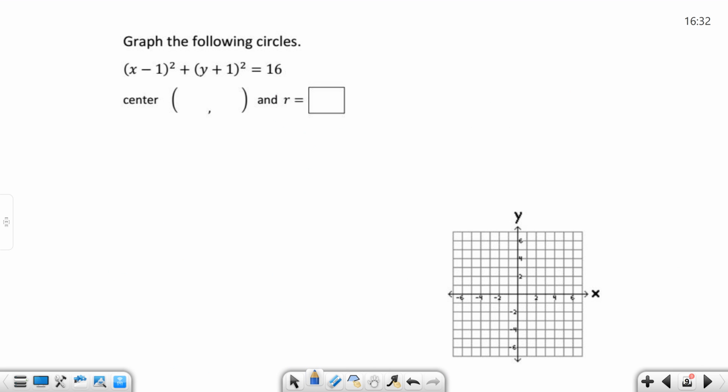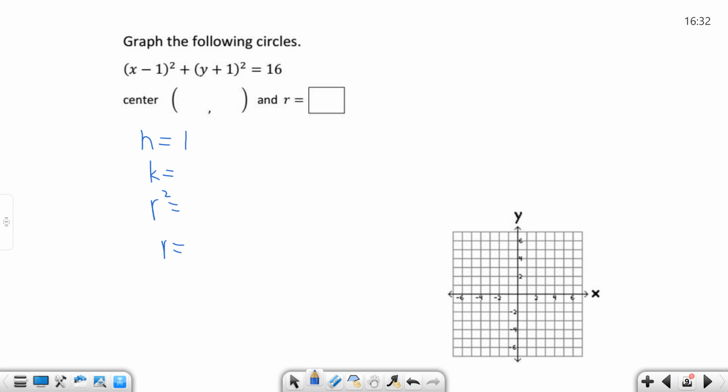So let's graph some circles. This will be fun. So X minus 1 squared plus Y plus 1 squared equals 16. So I need H, K, and R again. So H, K, and R squared, and R. So H is what? 1.